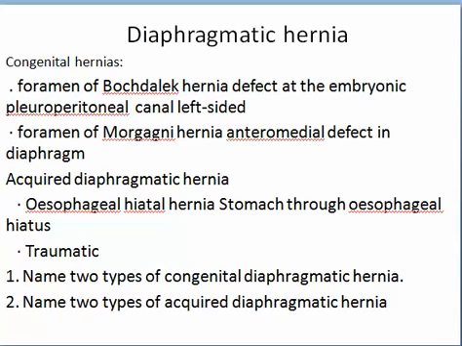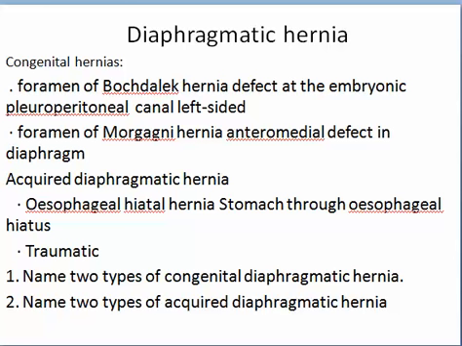Now come to diaphragmatic hernia, which may be congenital, as we know, Bochdalek hernia and Morgagni hernia. Bochdalek is usually posterior and to the left side, while Morgagni is anterior, or it may be an acquired diaphragmatic hernia like trauma. Esophageal hiatal hernia is another sort of hernia due to weakness.